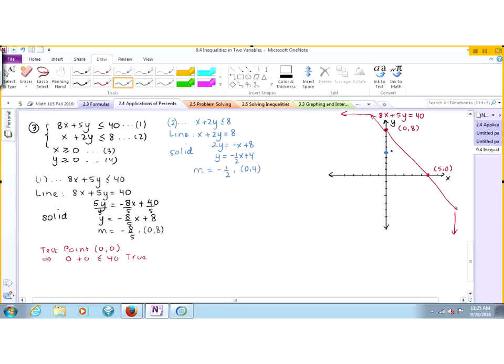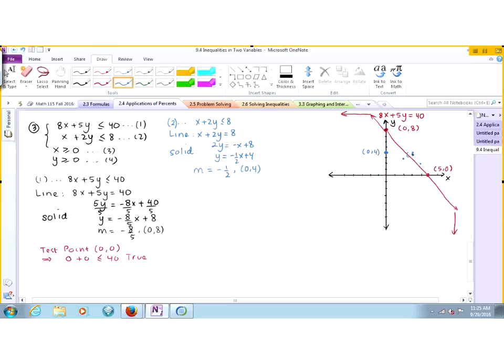And what am I supposed to do? Go down 1, go to the right 2. Go down 1, go to the right 2. Okay. So let's label this. This is 0, 4.